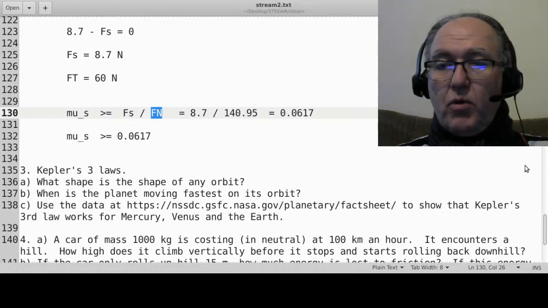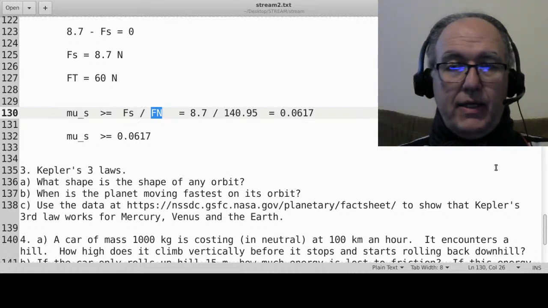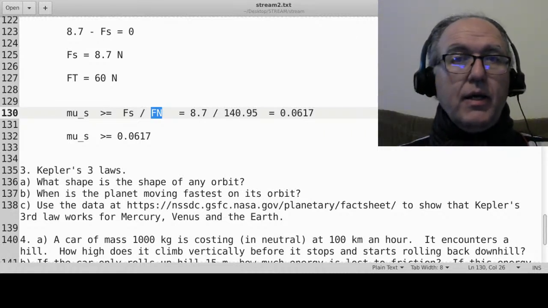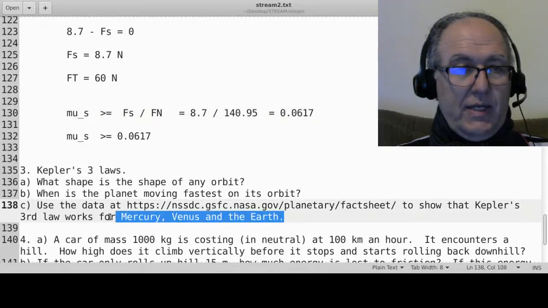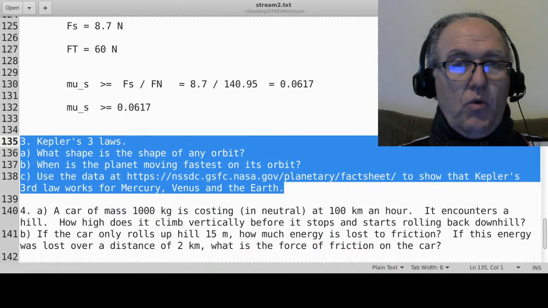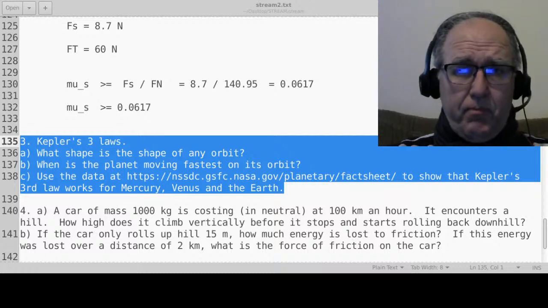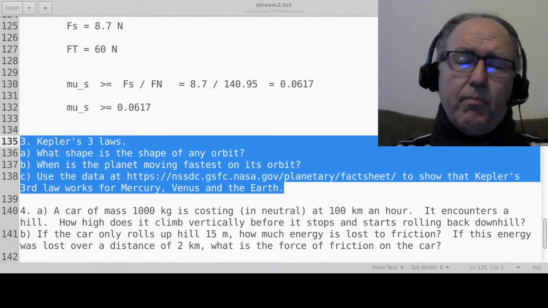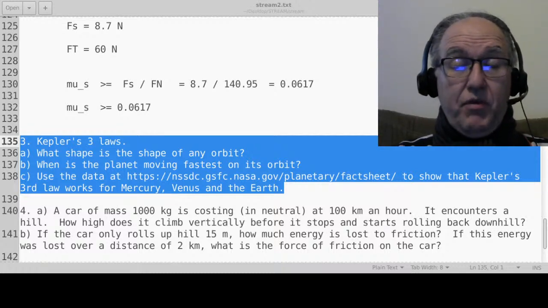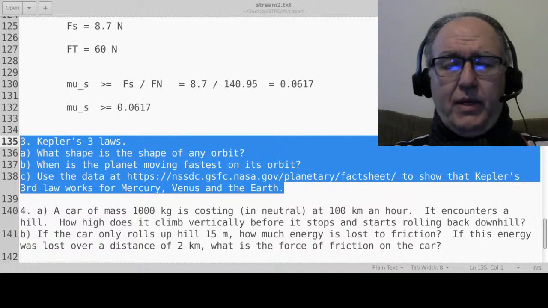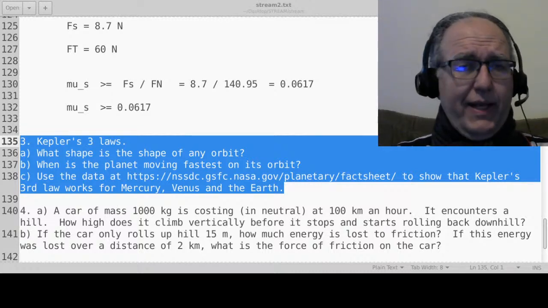If there are no more questions, I'm going to move on to Kepler's laws. With Kepler's laws, there are 3 laws. And again, it's a multiple choice test. I'm not exactly going to have you state them, but you should be able to choose between some absurd options and the correct answer.